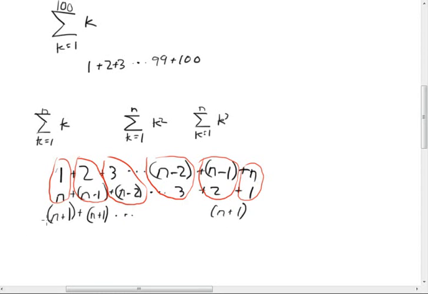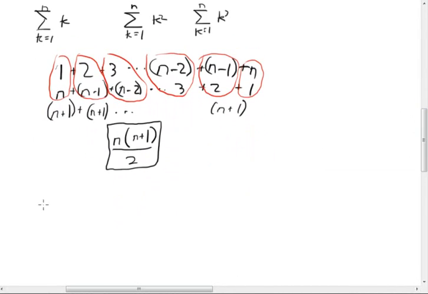So the total sum of these two rows is n times n plus 1. Now, we've summed up each row twice, basically, because we have two rows and we found the sum of both of them. So we divide by 2, and this is the sum of the first n integers.